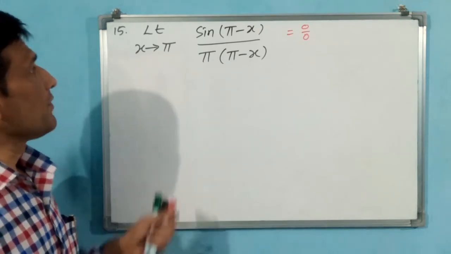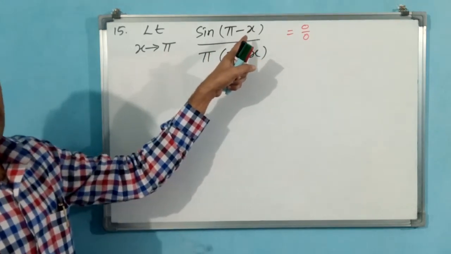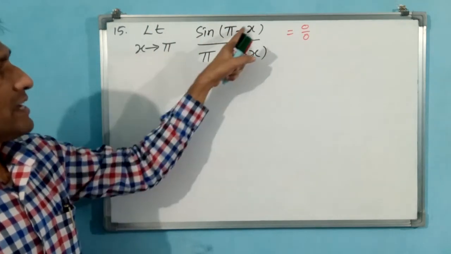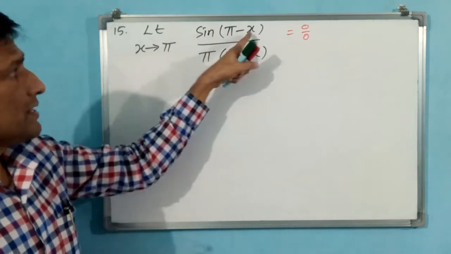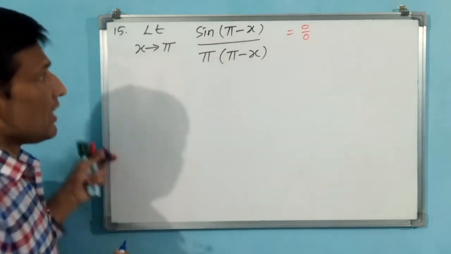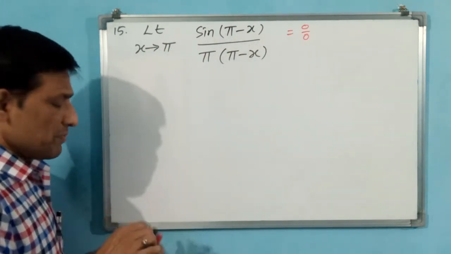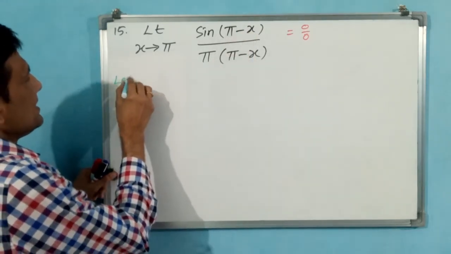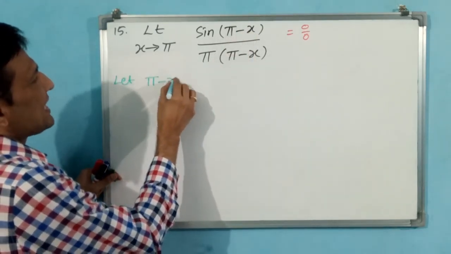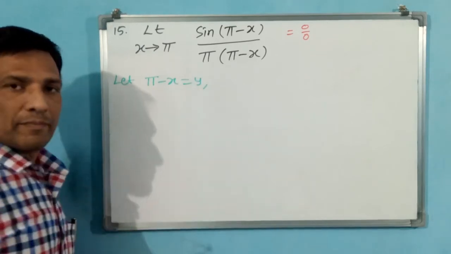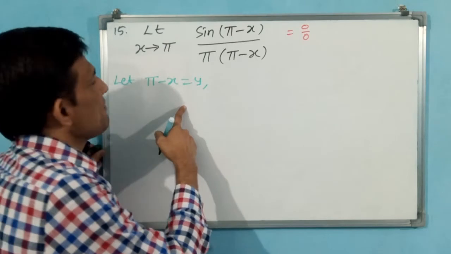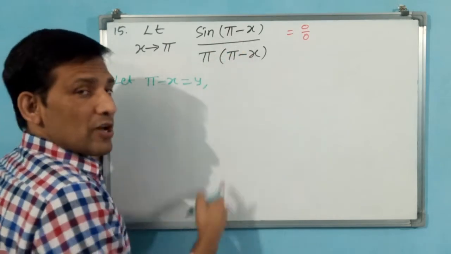Okay. You see here, something has come. Then you take it as y. Because x is there, then you take it as y. Now how I am writing, you see. Simply observe carefully. Let pi minus x is equal to y. Pi minus x is equal to y means, you see, sin y you are going to write.